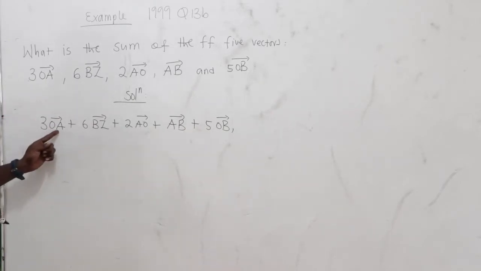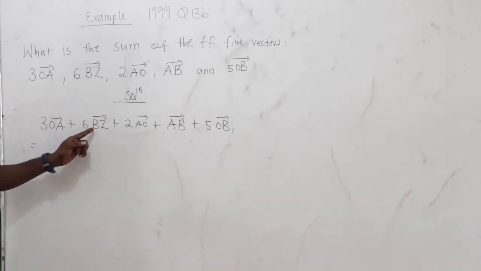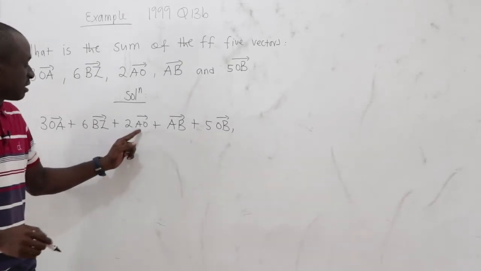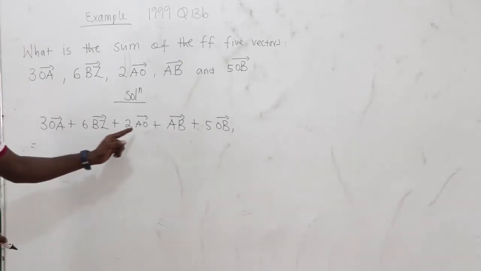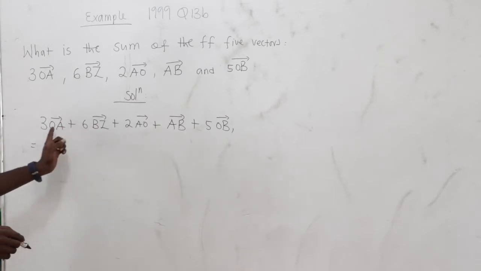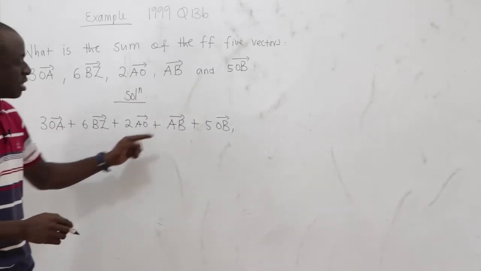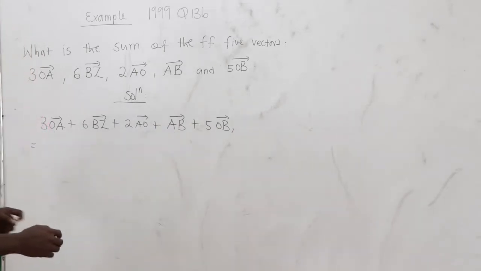Now by definition of position vectors, we can change BZ to what? OZ minus OB. And then AO, so OA, that is the negative of what? The AO. And then AB, that is OB minus OA.